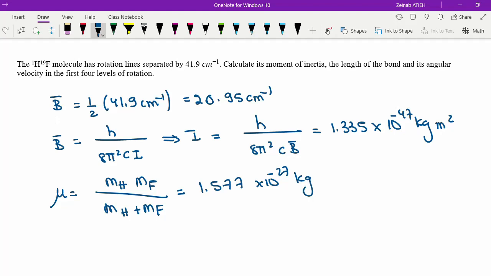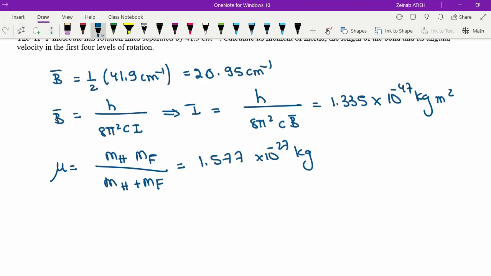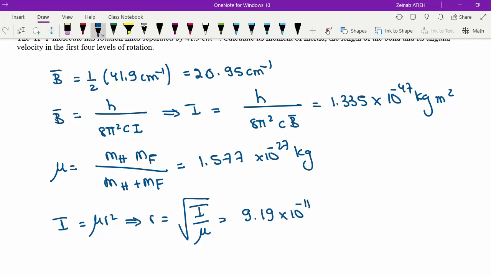So once finding mu, now we are able to find R. Simply I is equal to mu r squared, so implies R is equal to radical I over mu. We have found I, we have found mu. Now dividing these will give us 9.19 times 10 to the power minus 11 meter, which is equal to 0.0919 nanometer. So this is the radius.